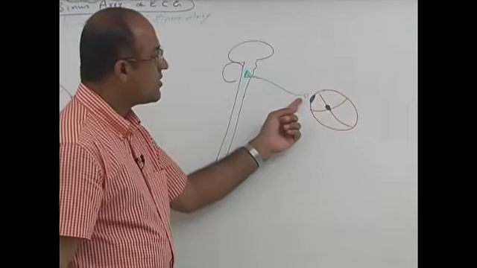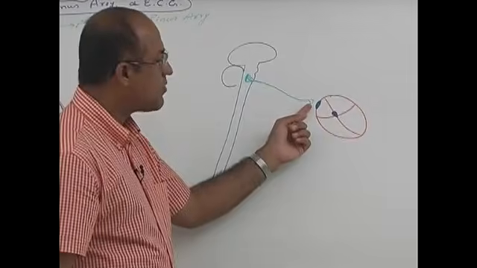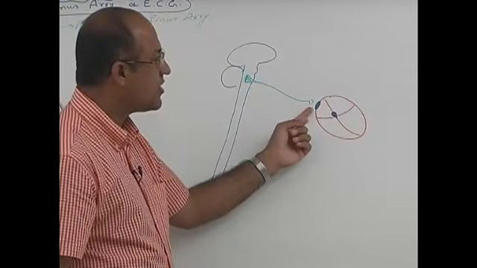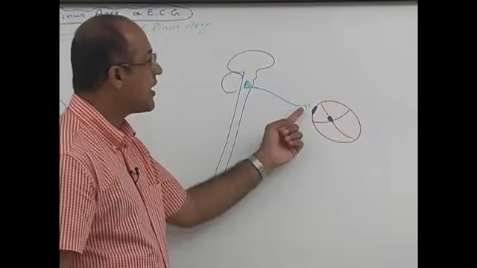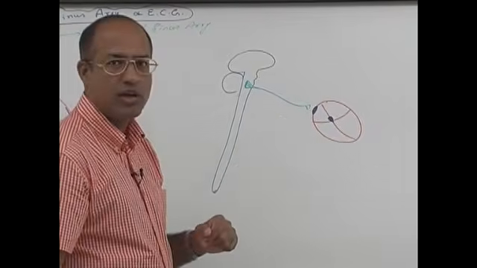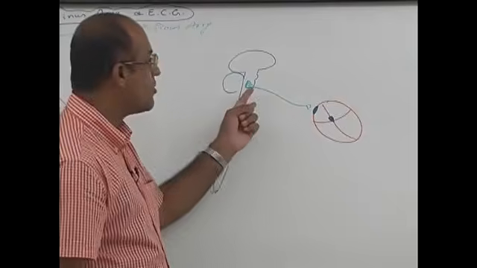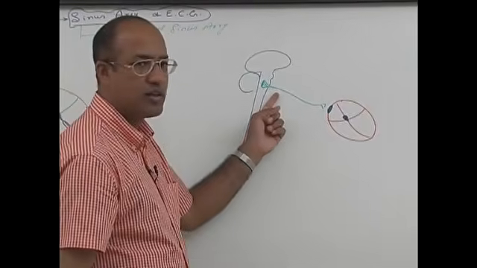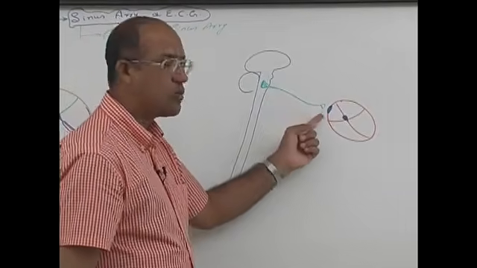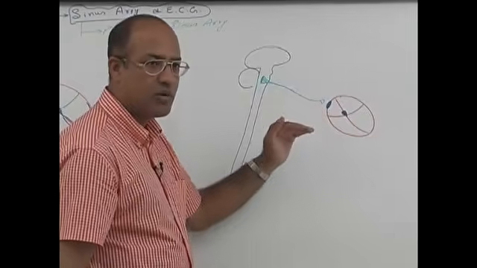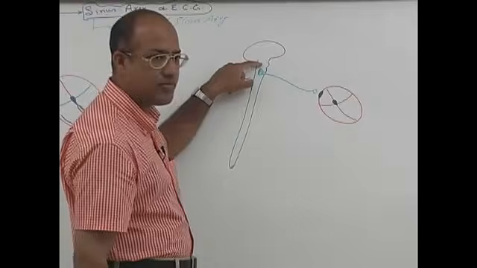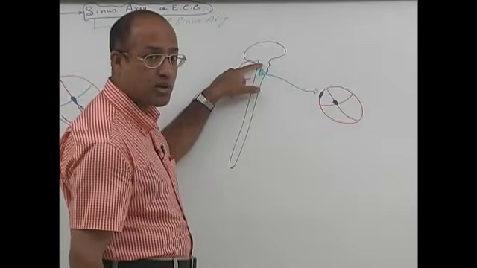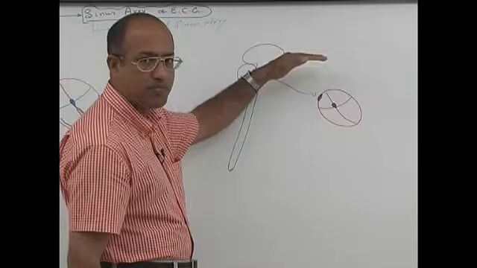Vagus is stimulating the final neurons which release acetylcholine on the SA node. So vagus has an inhibitory influence on the SA node. It means whenever vagus is stimulated, SA node will be inhibited and heart rate will go down. And whenever vagus is itself inhibited, when vagus is not working, heart rate will go up.